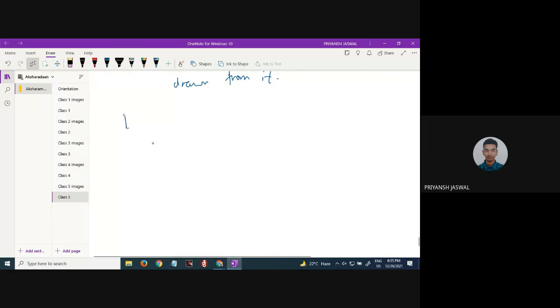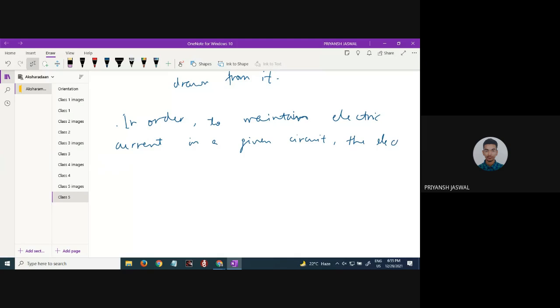And in order to maintain this electric current in a given circuit, the electric cell has to expend its chemical energy stored in it.